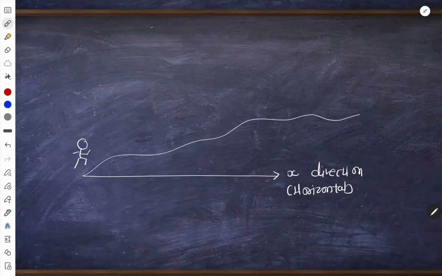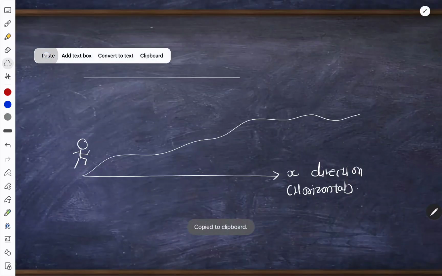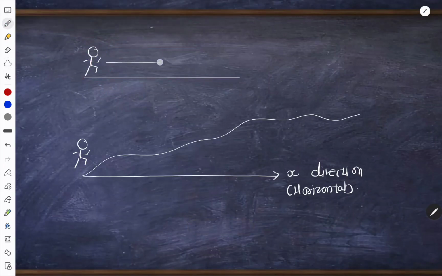If it was a straight road, in that case you are moving in only one direction.